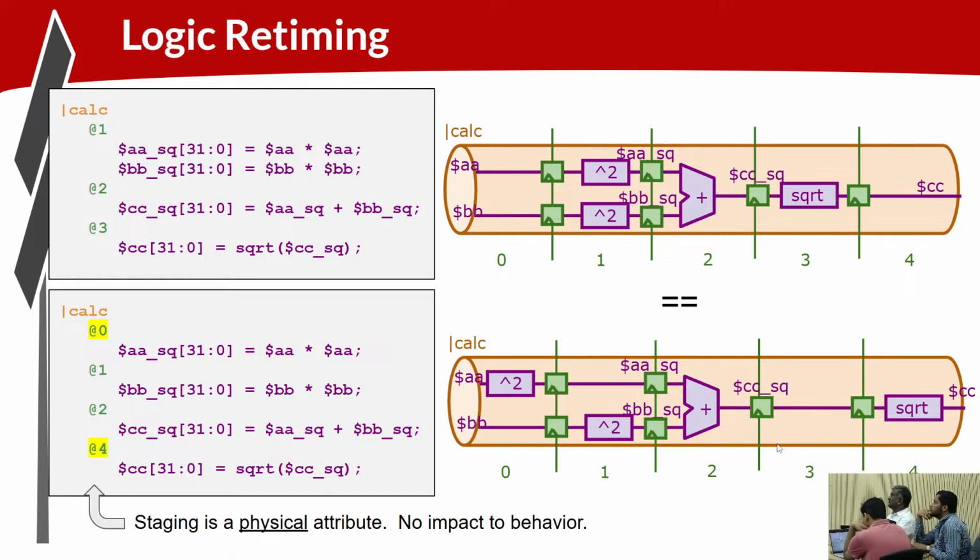Just like this picture. Then it's another stage later. Another flop is another delay. That's a later stage in the pipeline. So in this example, I didn't explicitly have any logic in stage 3, so there was no reason to have a stage 3 in the code. Of course, that stage exists. It just has no logic in it.